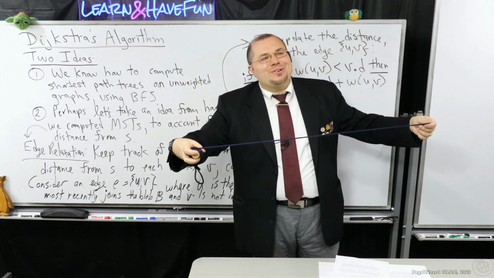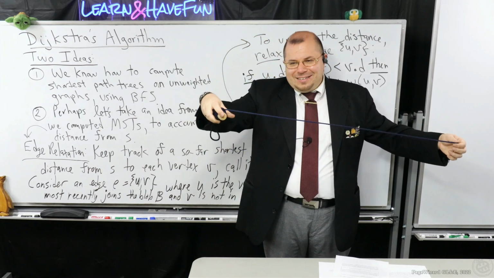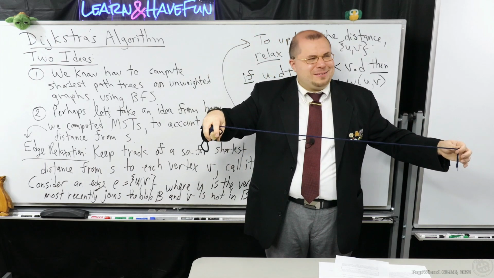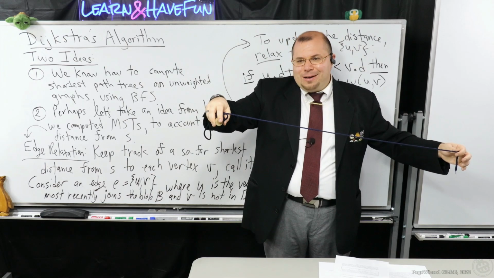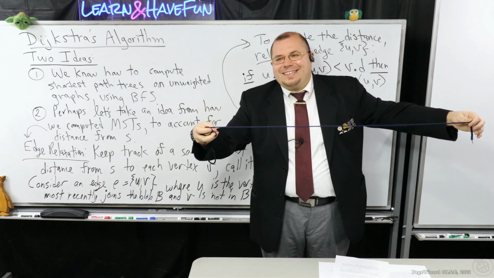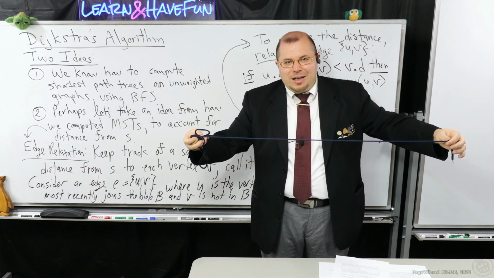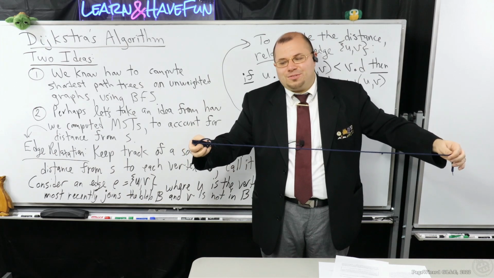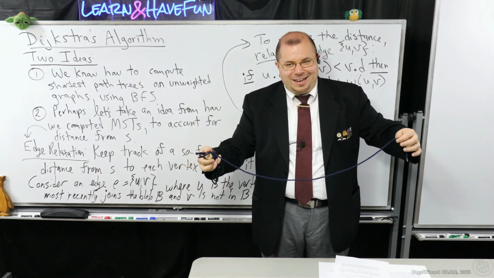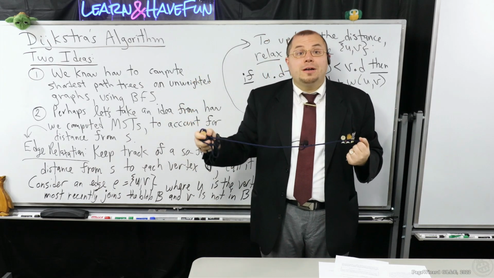We can imagine the source is where its mouth is, if it had a mouth. Yeah, don't get too imaginative with this. And what it does is it pulls in to the source the next vertex that is closest to it. So it brings it in. Whichever one is the closest is the next one closest to the blob's mouth, right? So it's going to get closer and closer, and it will grab whichever one is the closest.